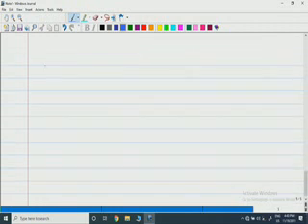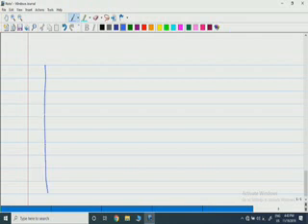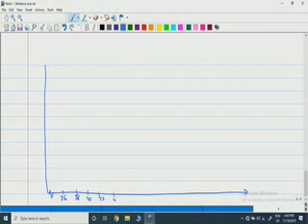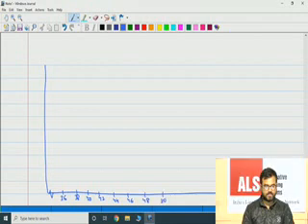So, if you draw the graph paper, on the x axis we have to write the values. It will be 36, you can draw a kink over here, 36, 38, 40, 42, 44, 46, 48, 50 and 52. On the y axis, we will write all the cumulative frequency.